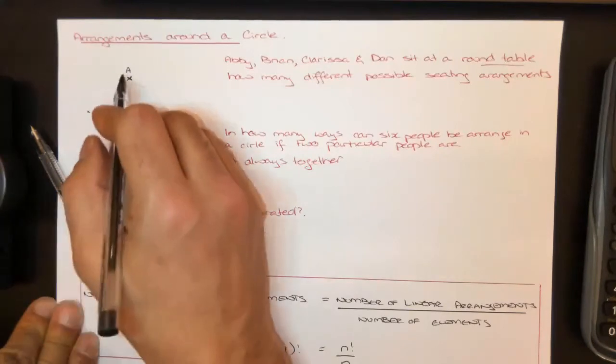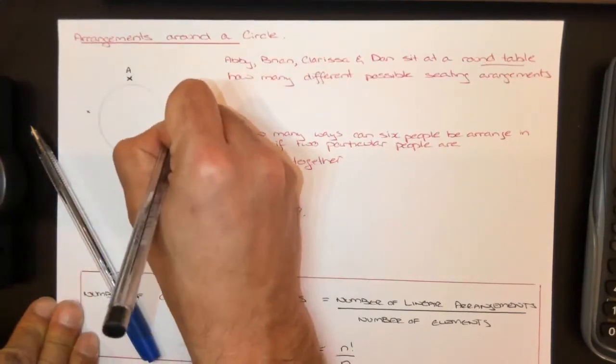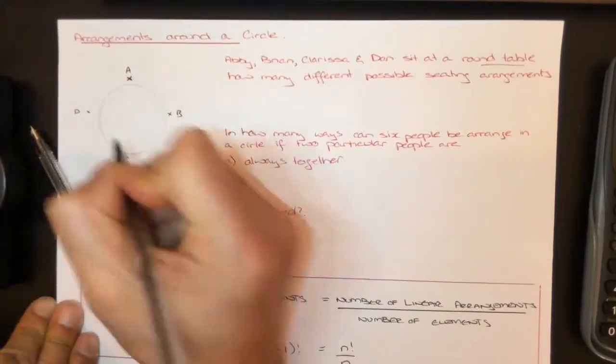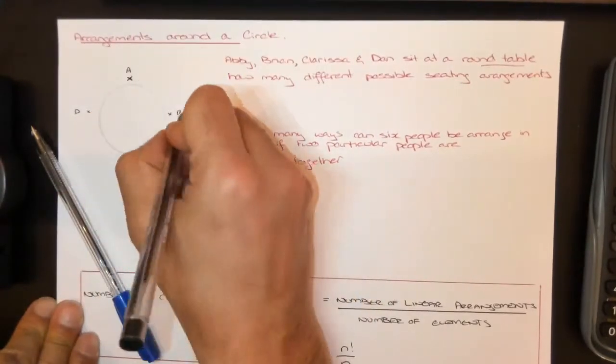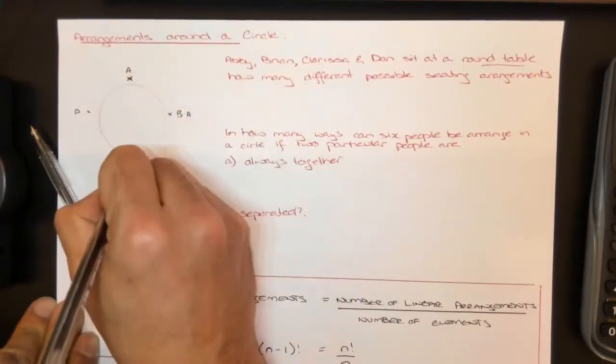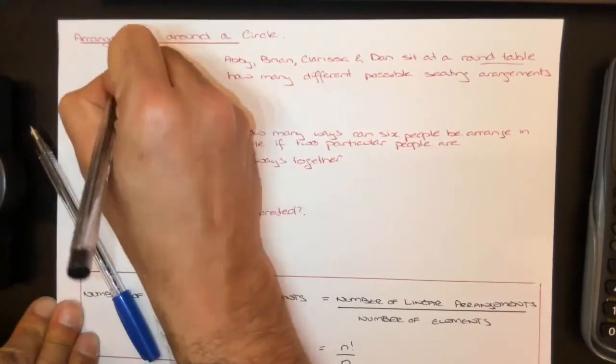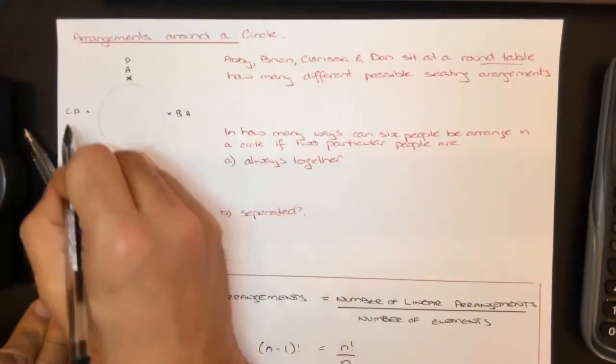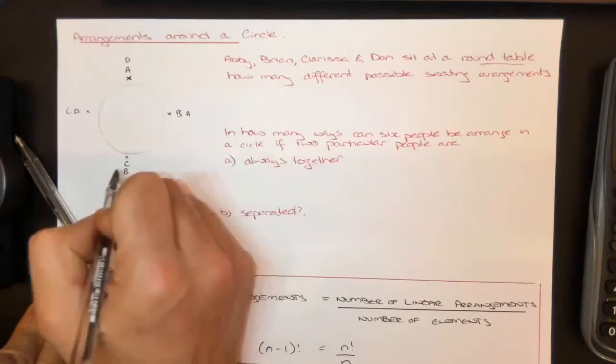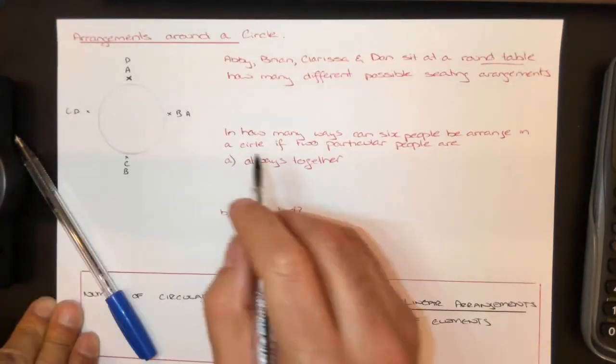If it was A, B, C, D, and then I move them one spot, in that sense, the position hasn't changed. The arrangement has not changed. They're still in the same order.